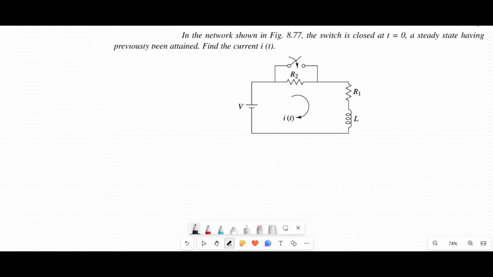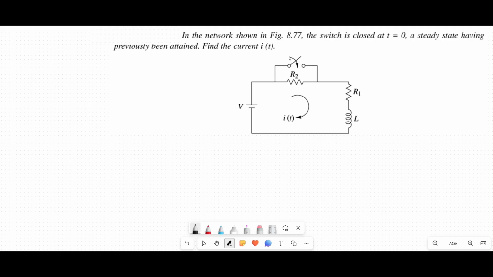Here, as you can see in the question, it is given that the switch is closed at t equals 0 and steady state has previously been attained. Up to this, everything seems familiar.